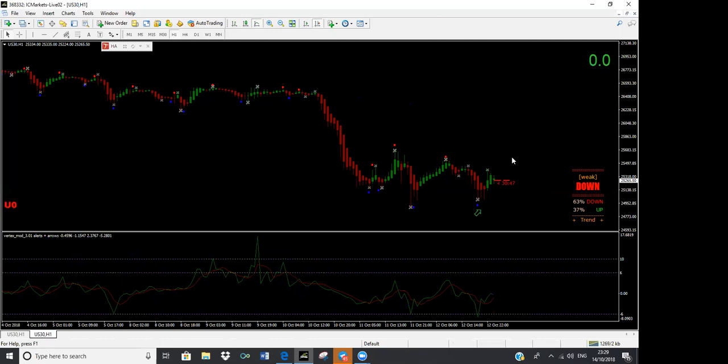This is not the Agimat. The Agimat cannot stand side by side with this. The Agimat repaints. This is the vortex. This is the beast. This does not repaint. If this arrow wants to stay there, it will stay there.